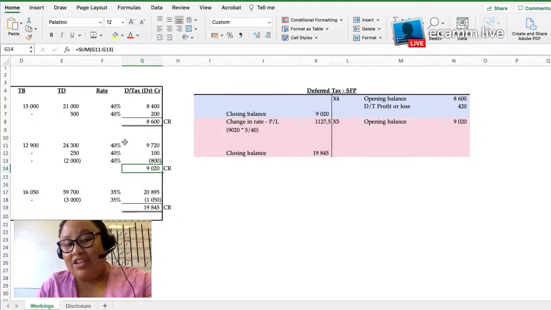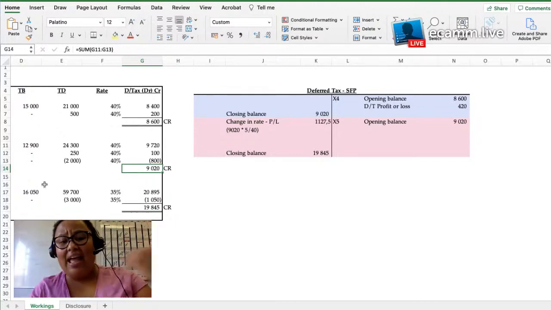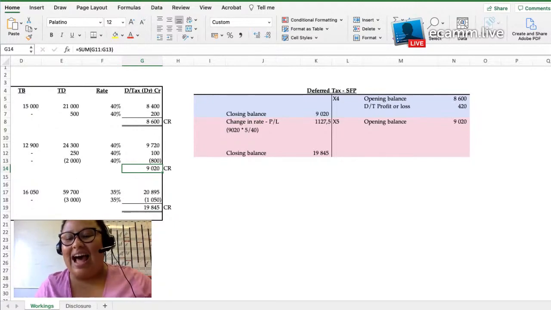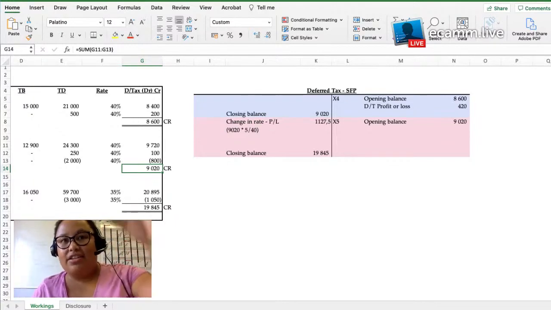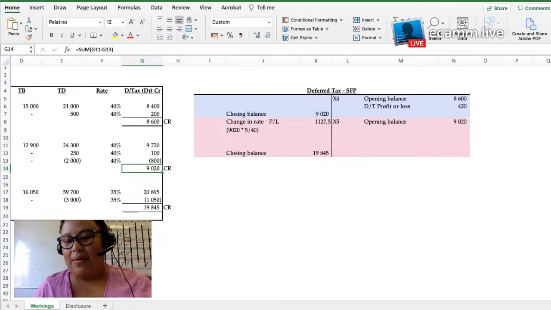So when I divide that balance by that, I actually get all the temporary differences. And those temporary differences now, I want them multiplied by 35%. So I could multiply by 35% and then subtract from the opening balance, or I could just say the difference is actually 5%, take the difference of 5% and subtract it from the opening balance, same thing. So that gives me my change in rate.